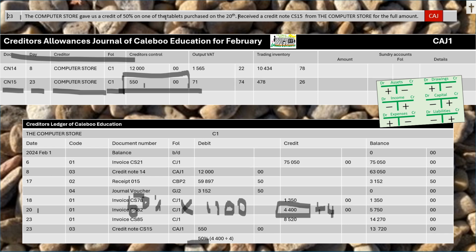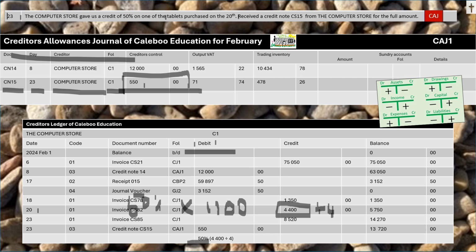Now it's a credit in their books, but for us it's a decrease in liabilities. A decrease in liabilities, we debit according to the rules. You see, it can get confusing because they're giving us a credit. Now you might ask yourself, why does it go in the debit column?